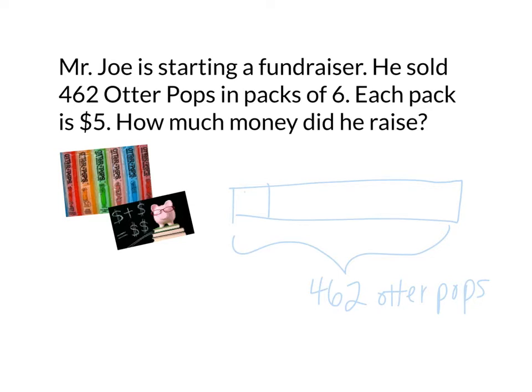So we know that they're split up into groups of 6, but do we know how many groups of 6 they're split up into? No. So we have to figure out if we have a total of 462, they're split into equal groups of 6. What operation am I going to use to figure out how many groups there are?